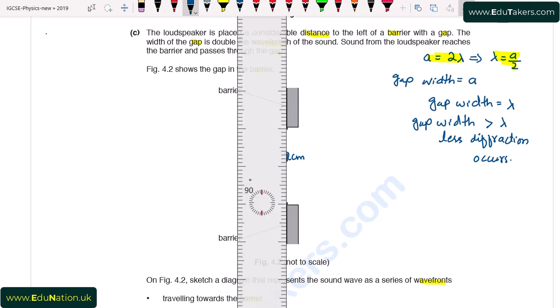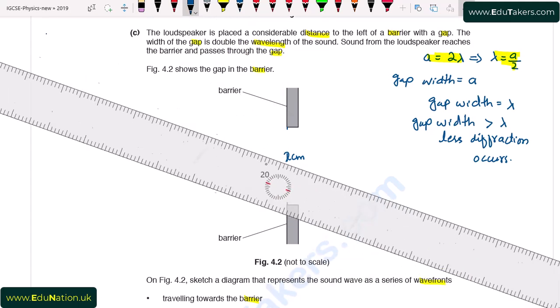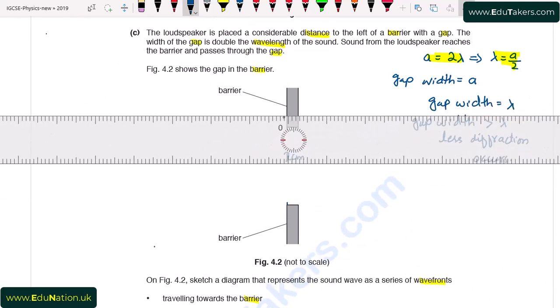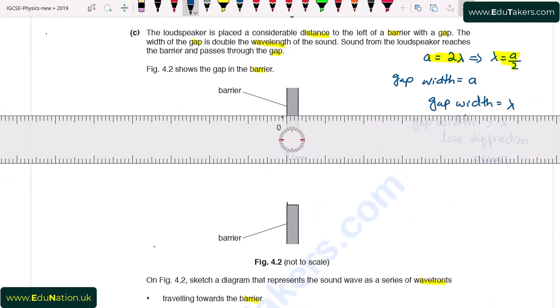So first of all, I use the ruler and measure this distance. So this is the first point, second and third. At that position, we have to draw the wavefronts, and the distance between these wavefronts will be equal to 1 centimeter, that is also equal to the wavelength.